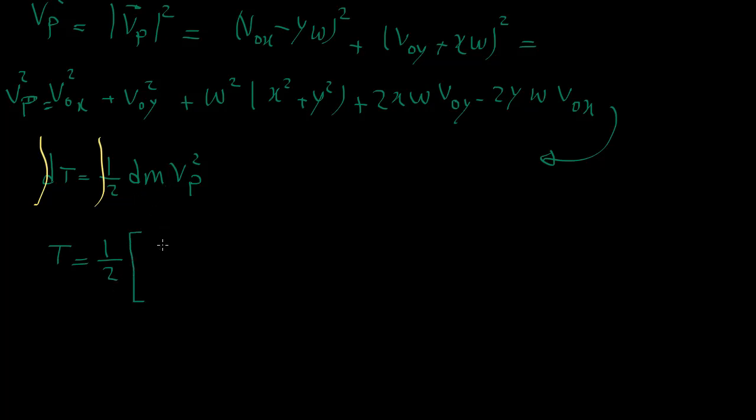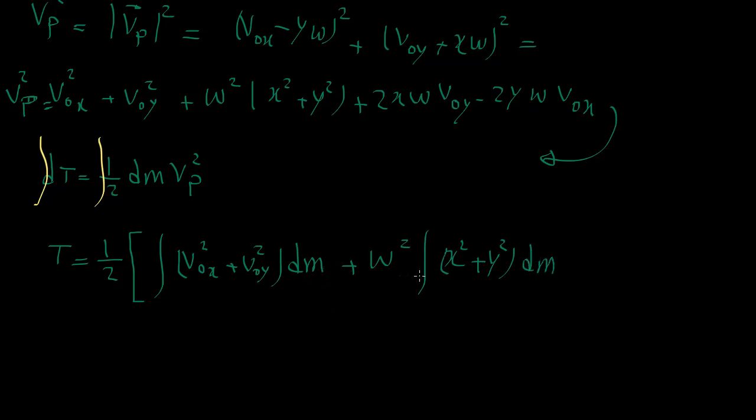So this would be the integral of Vox squared plus Voy squared dm, plus, here we have omega squared integral of x squared plus y squared dm.